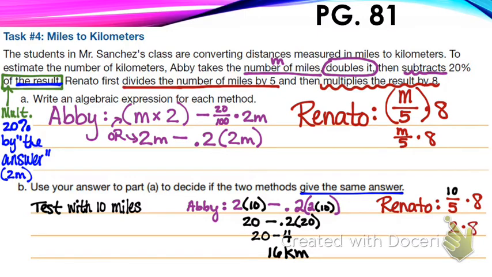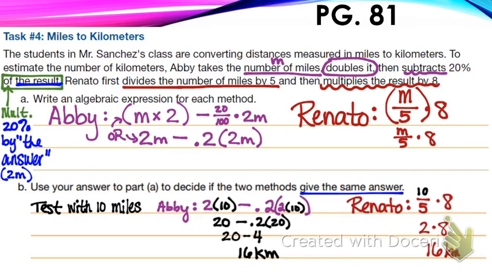And when I do 2 times 8, I get 16. Do these two ways of approaching the problem give the same answer? Yeah, so same meaning, that is to say they are equivalent. They look different from the beginning.